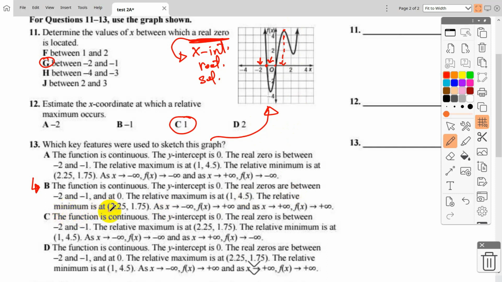The relative minimum is at 2.25, 1.75, that's right. As x approaches negative infinity, f of x approaches positive infinity, that's right. And as x approaches positive infinity, f of x approaches positive infinity. So the correct answer will be letter B.